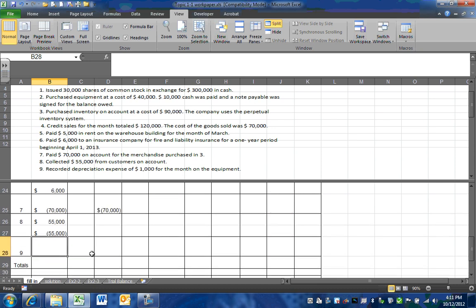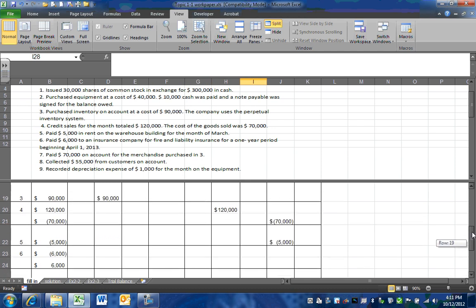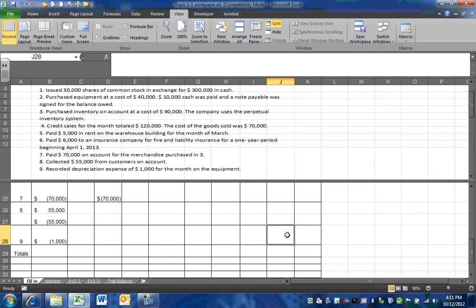Through an allocation process known as depreciation, we are going to match the cost of the equipment to the revenue it helps generate. So the net effect on our asset is going to be a reduction of 1,000, and we're going to have the recognition of our depreciation expense, which again will reduce retained earnings.